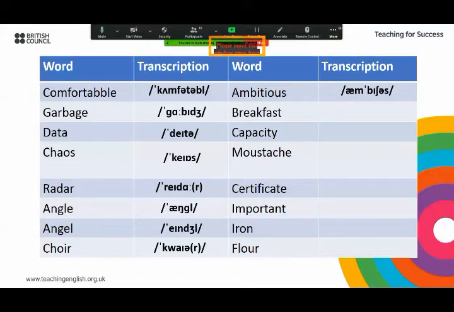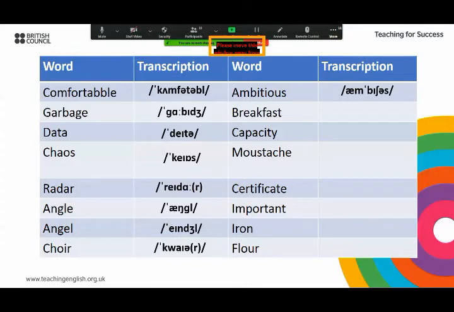Yeah, the next word. That's easy. Yes, miss. Breakfast. Breakfast or breakfast? I think it's long E. Yes, sir. I think breakfast.